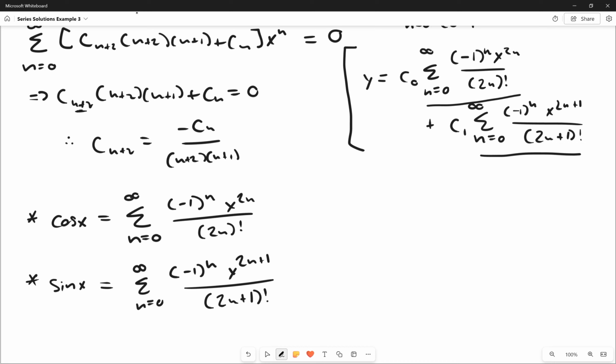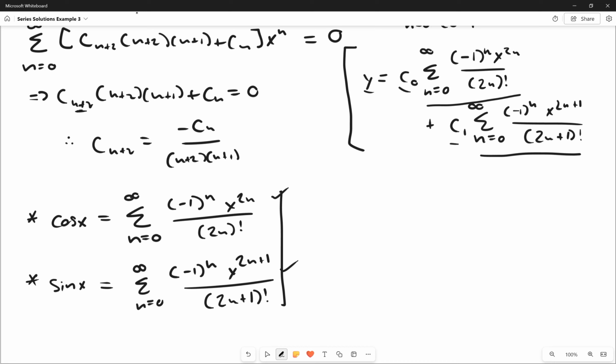Now, we have a constant out front that each of them is multiplied by, but that's easy because we don't have a boundary condition to work it out. So now, knowing that these are true statements, these are the Maclaurin expansions for these two functions, and they are transcendental. That means we can finally go through with the end of the question.